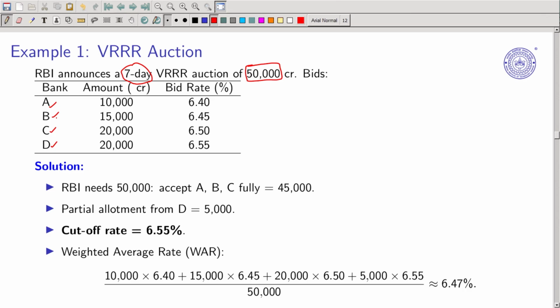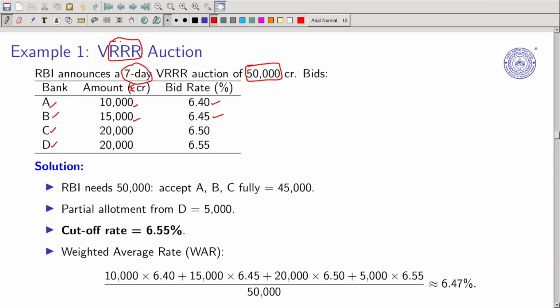The first bank quotes 10,000 crore rupees, and it quotes the bidding rate at 6.40. Now, the second bank is bidding for 15,000 crore and it is quoting at 6.45, and remember here we are talking about reverse repo, VRRR.